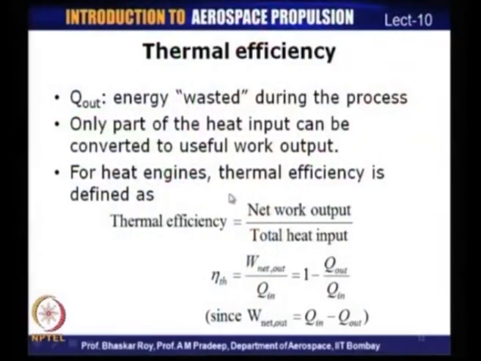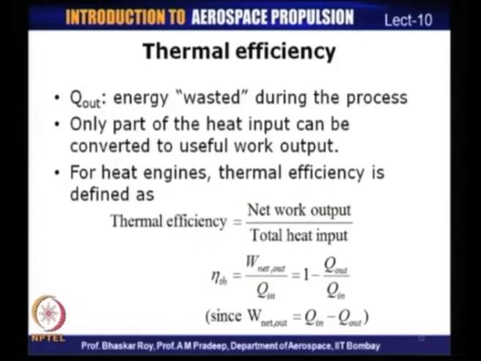So, thermal efficiency, as we will define, is basically the ratio of the net work output to the total heat input, and this is because only part of the heat input can be converted to useful work output.